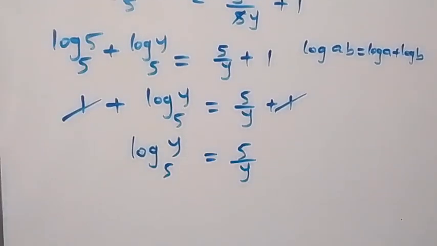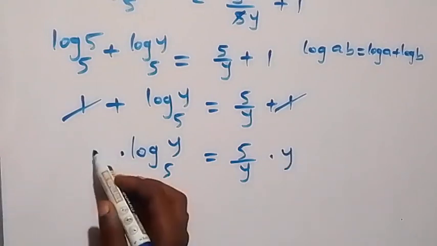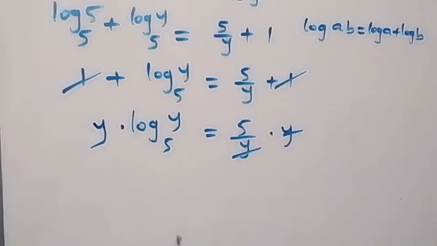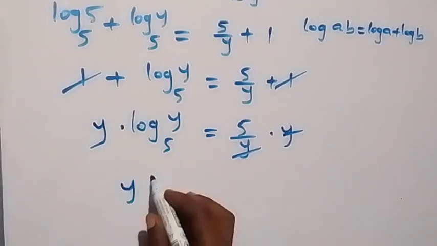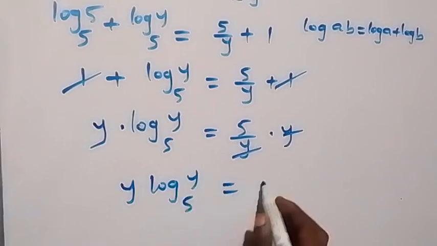Now let's multiply both sides by y so that this y cancels out, and what we have now is y log y base 5 equals 5.